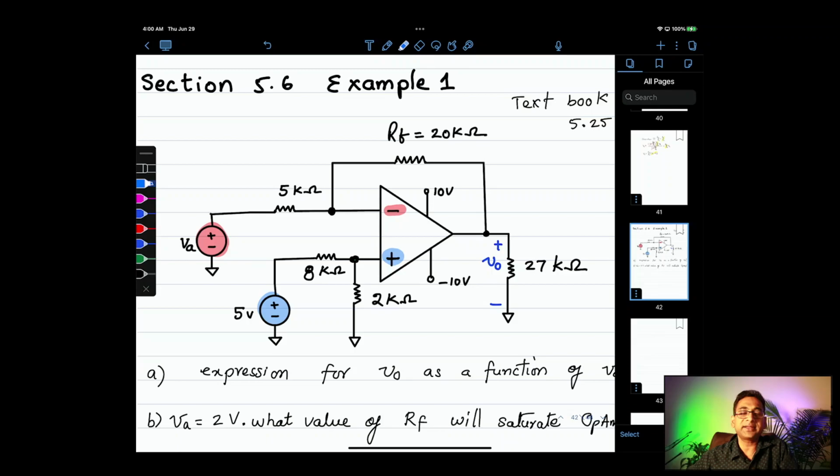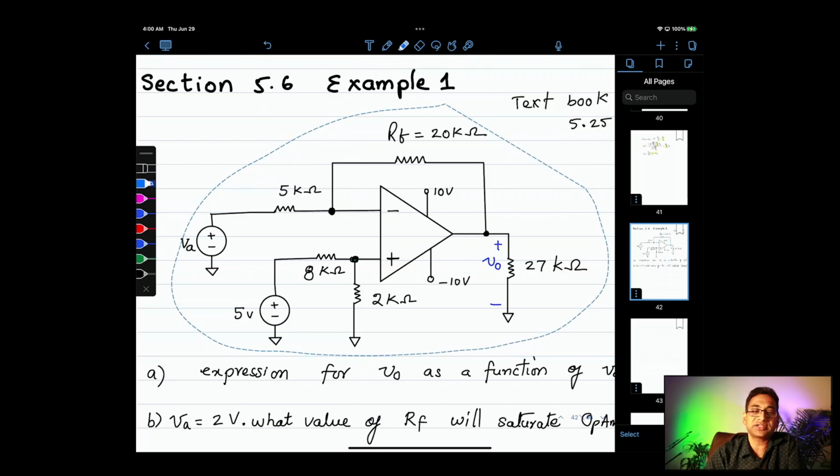And then the result was that the output is a weighted difference of both the inputs. And of course, like all other configurations in this course, the output is tied back into the input. Because the output is tied back into the input, we call this a negative feedback configuration.